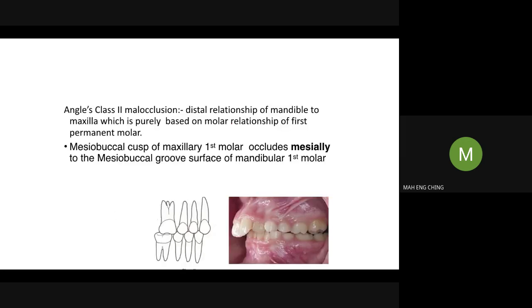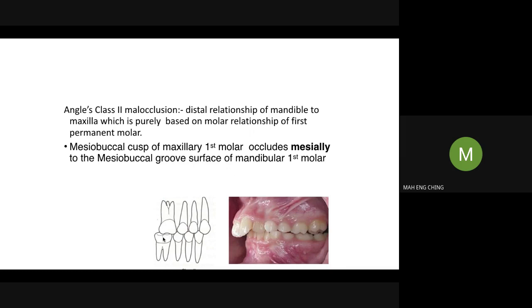Again, according to Angle, which is according to the molar, the classifications. So Angle classified class 2 malocclusion as the distal relationship of the mandible to maxilla, which is purely based on the molar relationship of the first permanent molar. So they say the mesial buccal cusp of the maxillary first molar occludes mesially to the mesial buccal groove of the mandibular first molar.